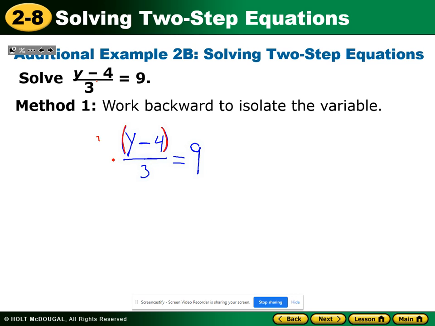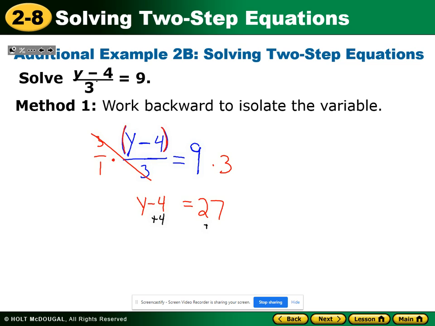Multiply by 3 over 1. 3 on top, 3 on bottom, we can cross those out. Multiply by 3 over 1. That's 27. We didn't do anything with the inside of the parentheses, so y minus 4. Now it's a problem I really understand and it's easy.